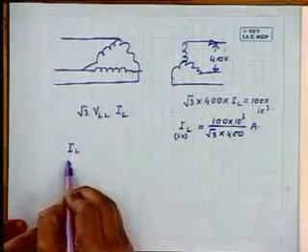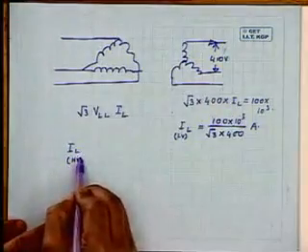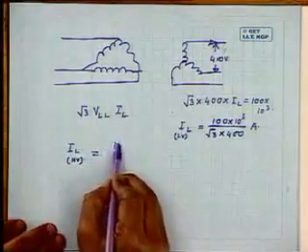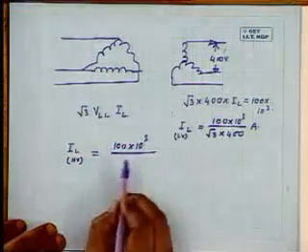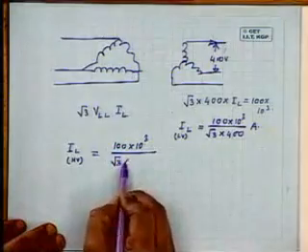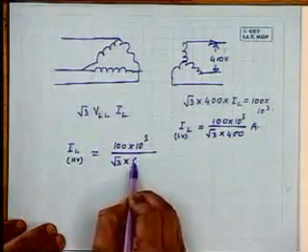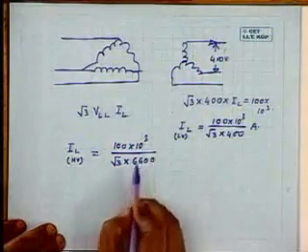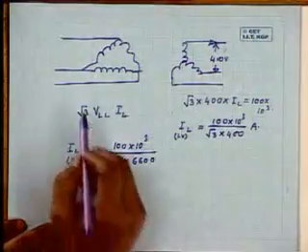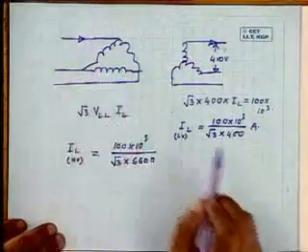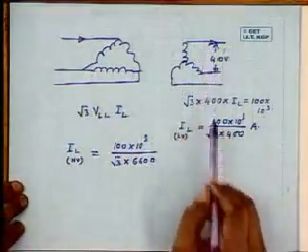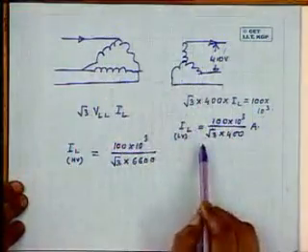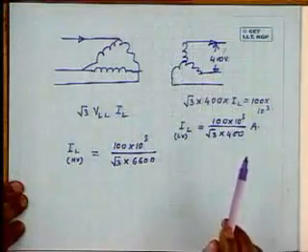What will be the line current of the HV side? Once again same thing, 100 into 10 to the power 3, that is the rated current, divided by root 3 into 6600 volt. So much will be this current. Once again you should note that whatever current you will be getting, only the line currents by using this formula.